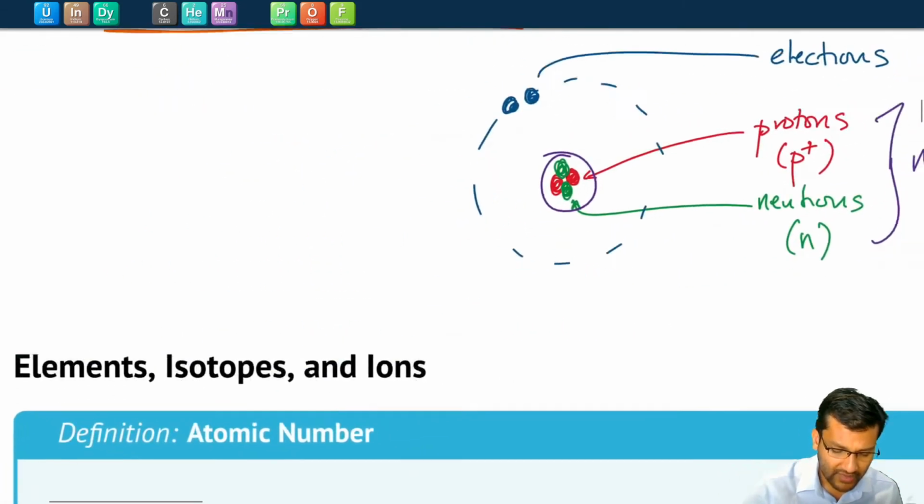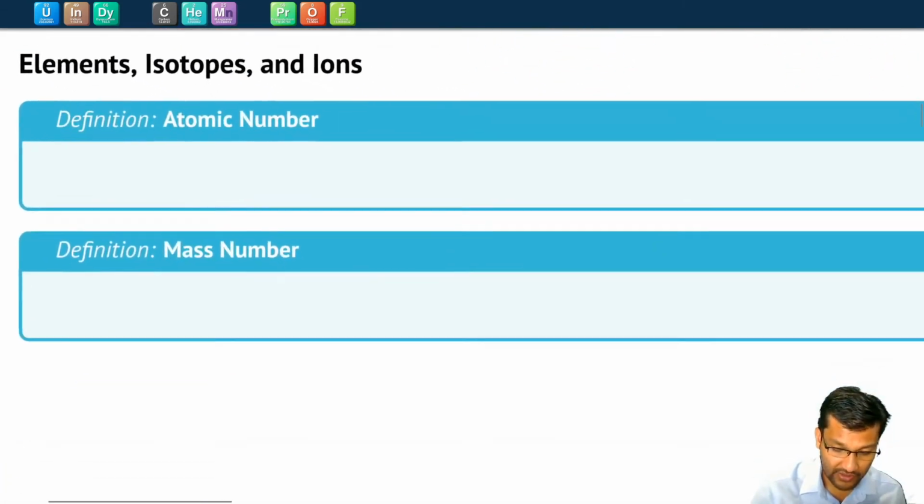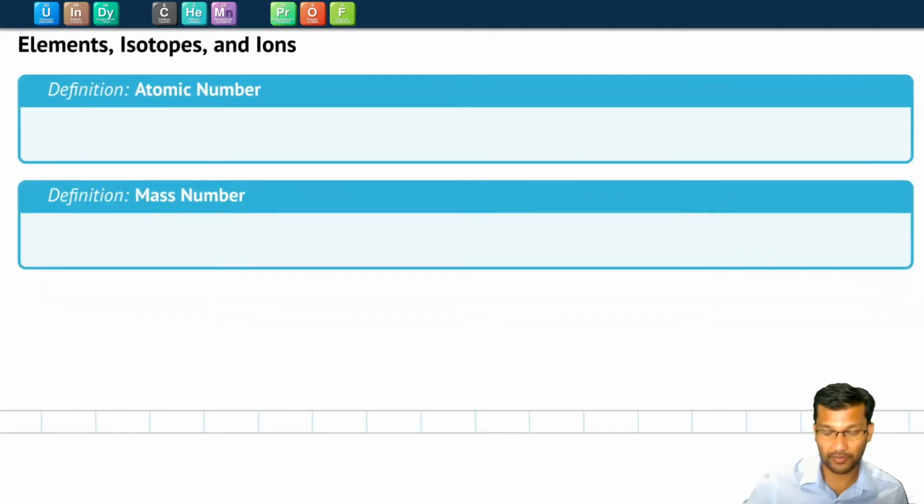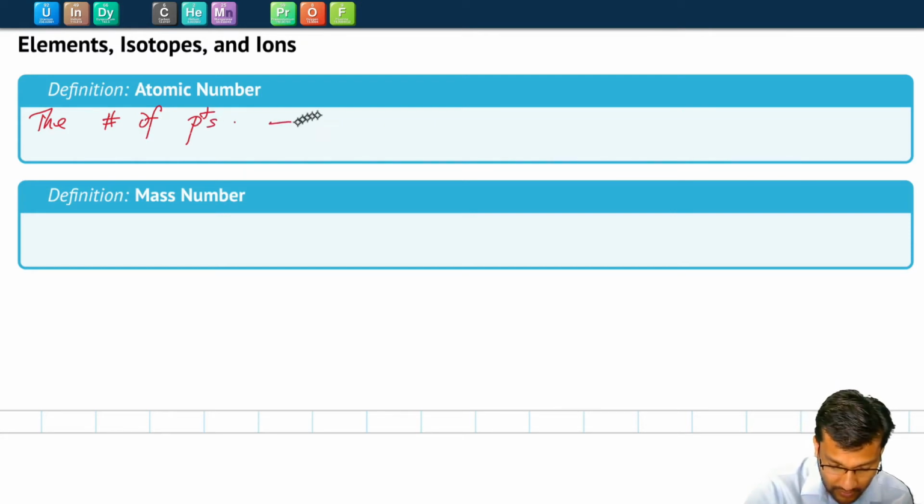Okay, so let's look at some definitions. First, let's look at the atomic number. The atomic number is simply the number of protons. The atomic number determines what element you're looking at.